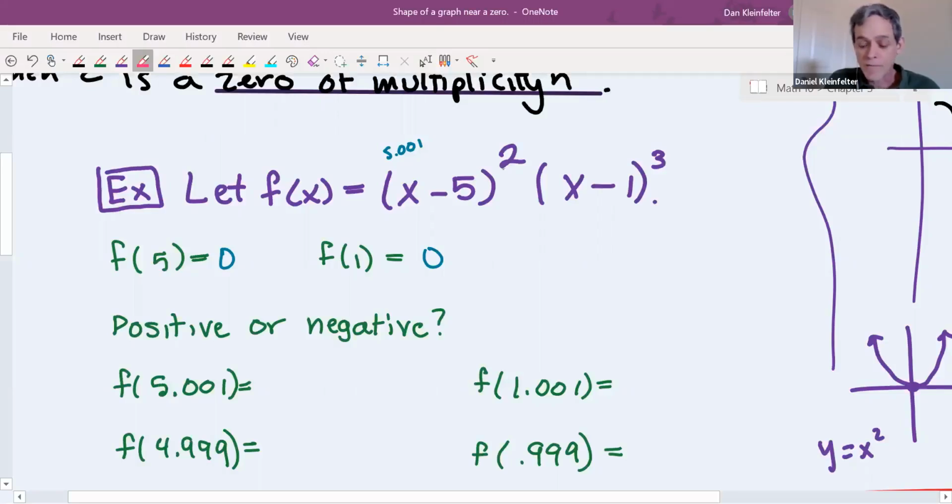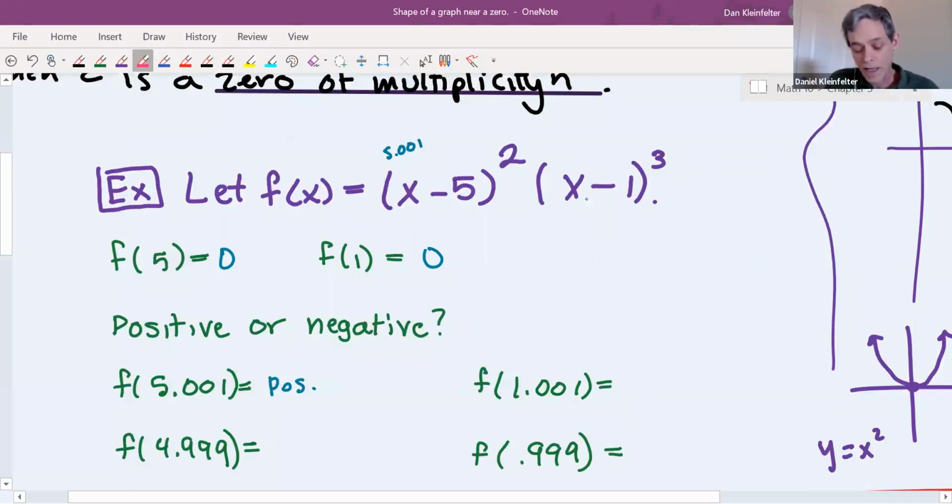It's positive. When you square it, you're going to get a positive number. So this first factor is going to be positive. 5.001 minus 1 will still be positive, and we're raising a positive number to a power, so we get a positive answer. So this will be positive.